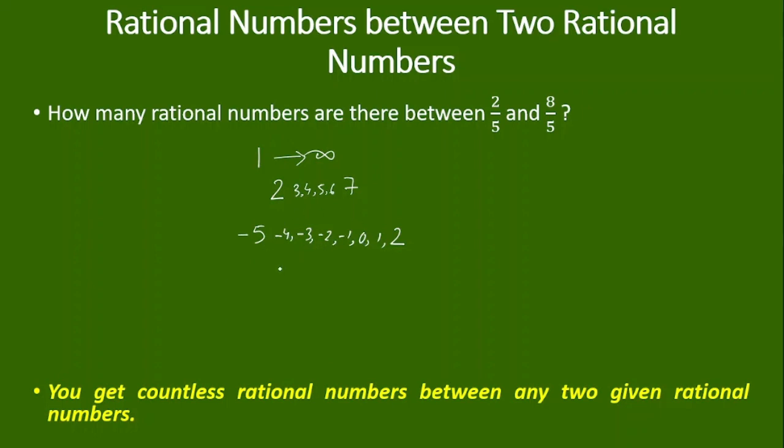Now we will see what will be the rational numbers between two rational numbers. Here you can see the number of integers between two integers is definite. Similarly, for whole numbers also there are a definite number of whole numbers between two whole numbers. Now let's see for rational numbers.